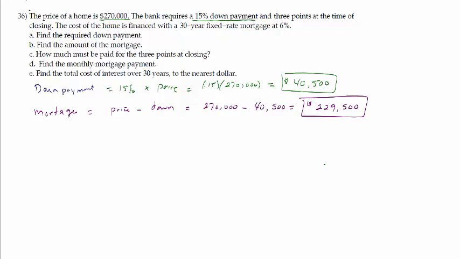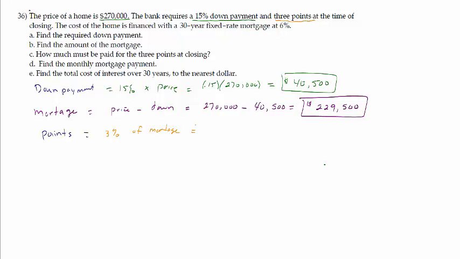Now how about points? Points is the percentage that you're going to pay at closing. So 1 point is 1%, 2 points is 2%. And here we're told that we're going to have 3 points. So I'm going to take 3% of my mortgage, whatever the loan is.